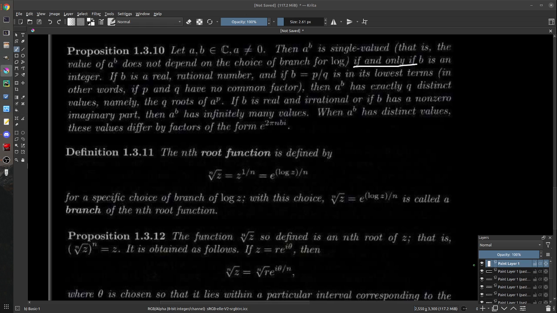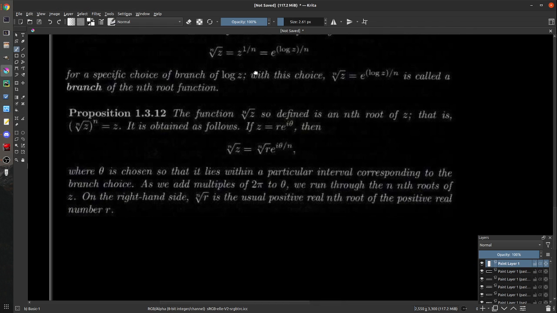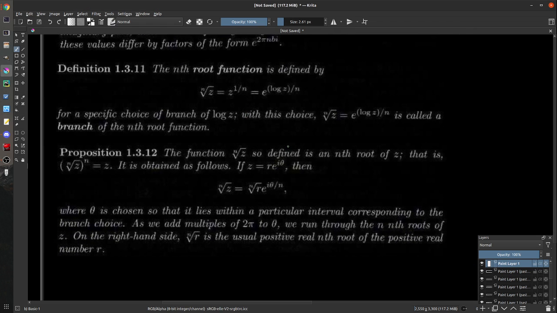So this root function works pretty much the same way you would expect. The nth root of z is defined so that you can take it to the nth power and get z. So this looks so obvious, that the nth root of z to the n is z, that you might go, oh, okay.